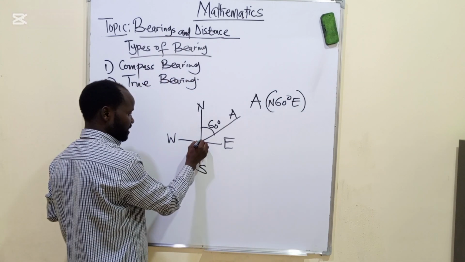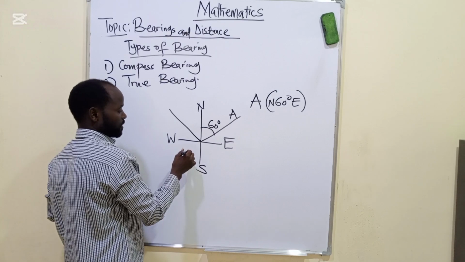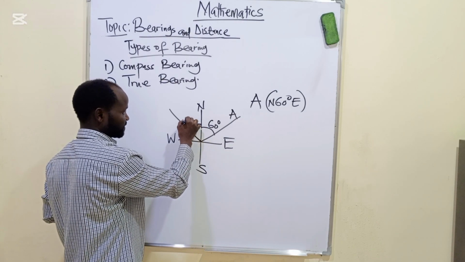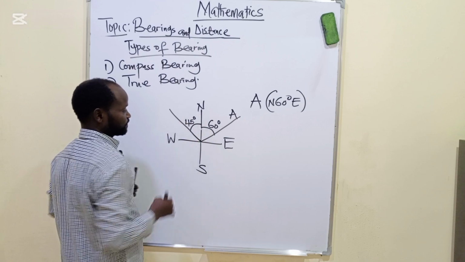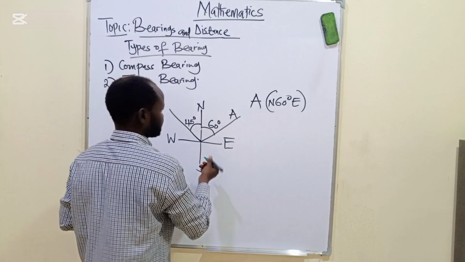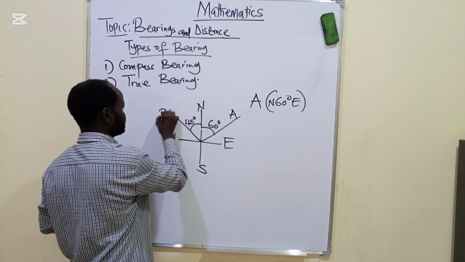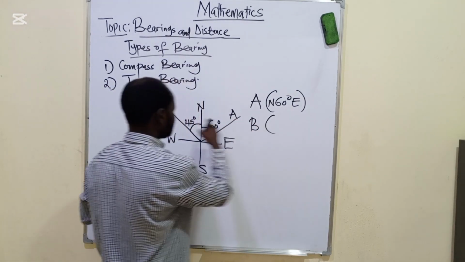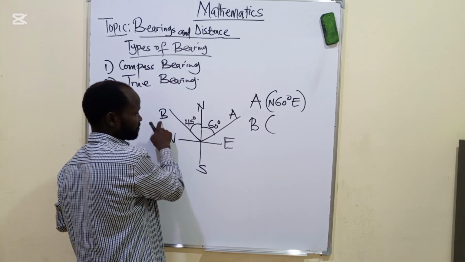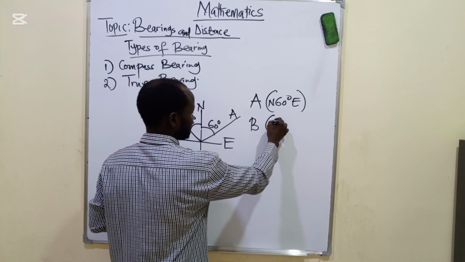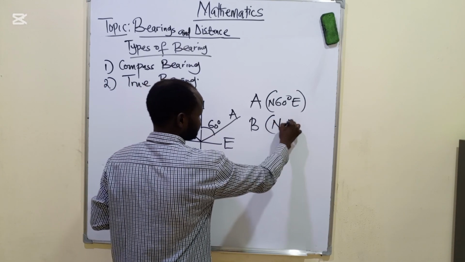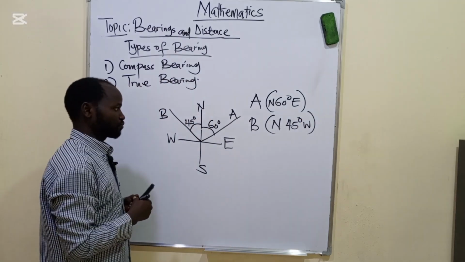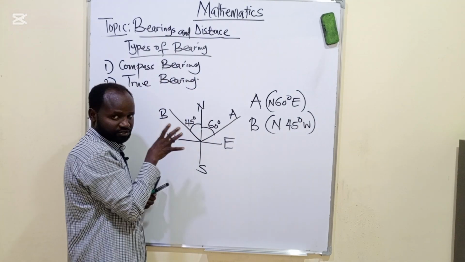Okay, let's say I have another one here. Let's say I have 45 degree here, and this is B. It means the representation of the bearing of B now is 45 degree northwest. 45 degree northwest, that is in between north and west.